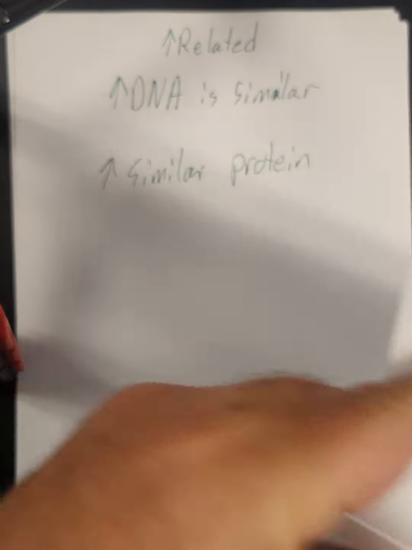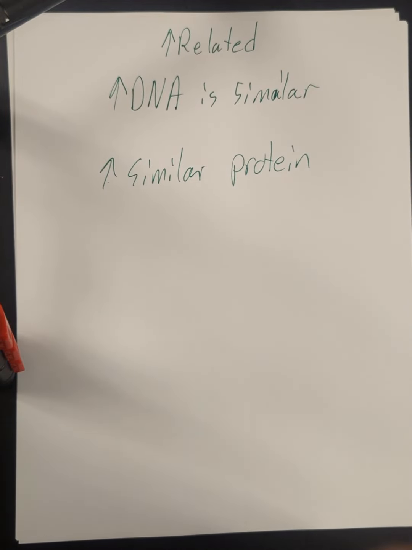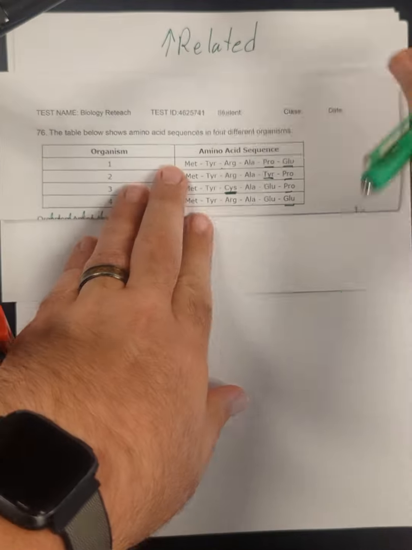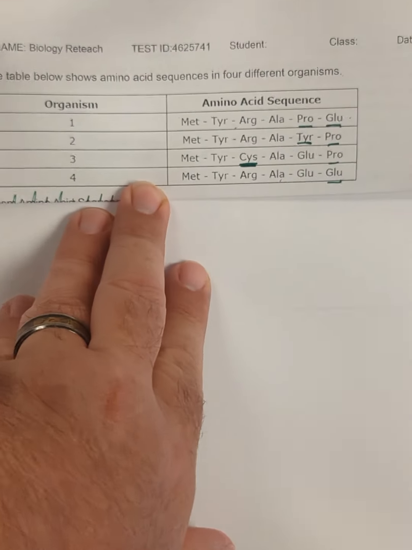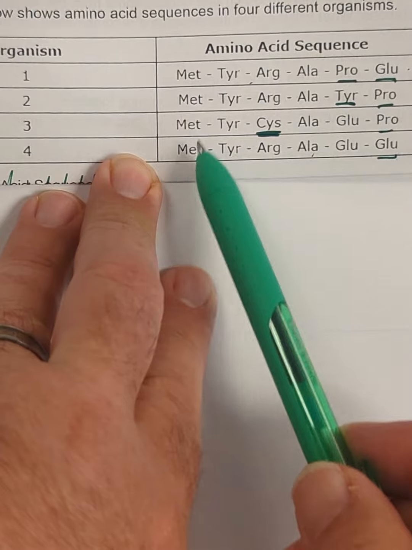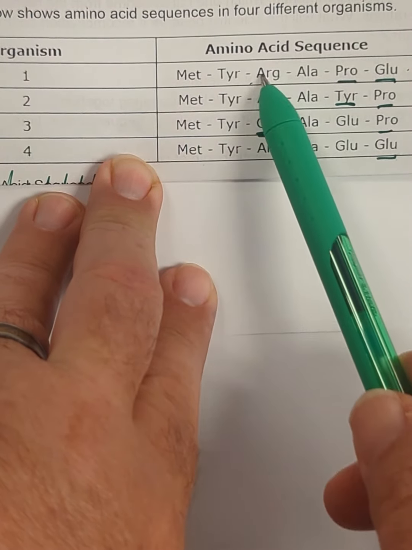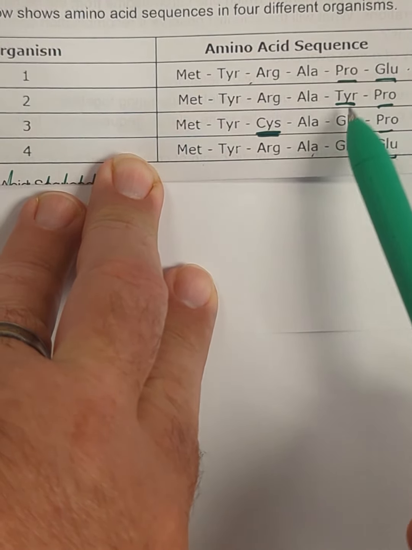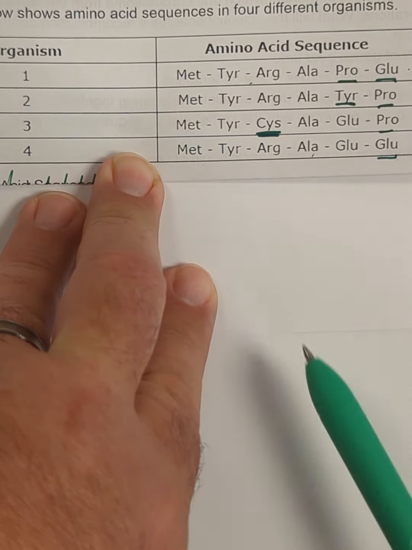if we look at these proteins, okay, all right, we see that they all start off the same, then we have a difference, and they're all the same, and then we have some differences.